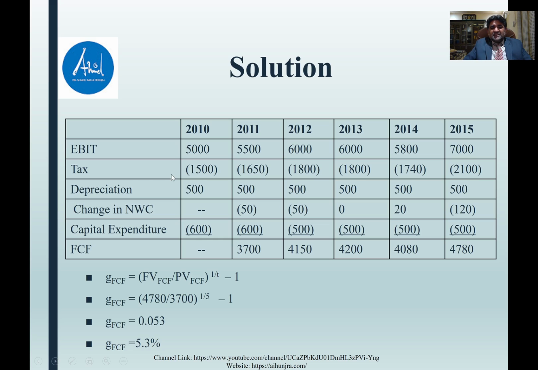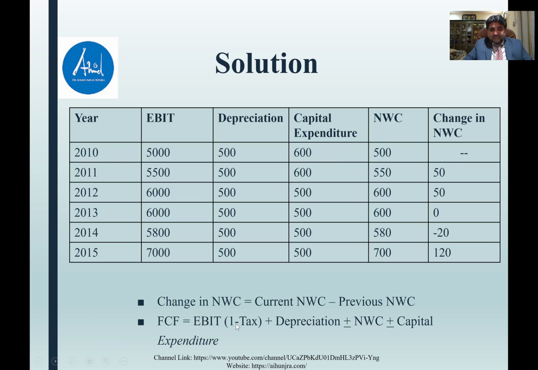Here are taxes, EBIT minus tax. So tax was 30% of EBIT, so we can calculate 30% here. 1 minus tax, and its value is 5000. So tax is going to be subtracted in the formula.